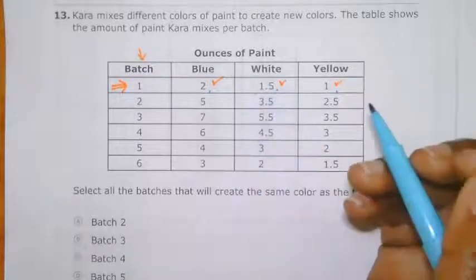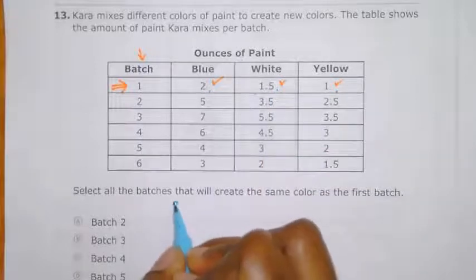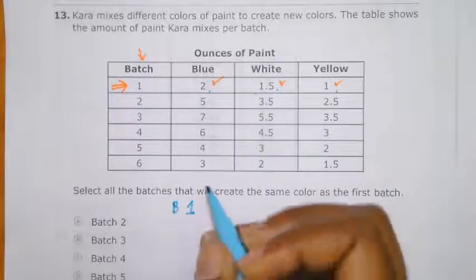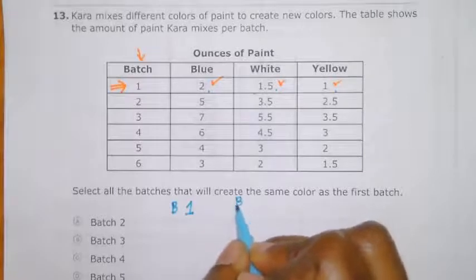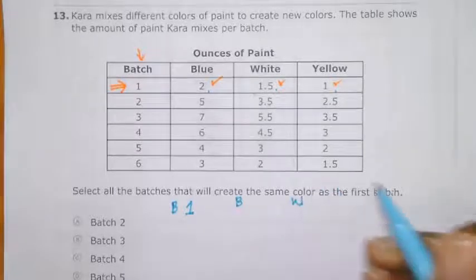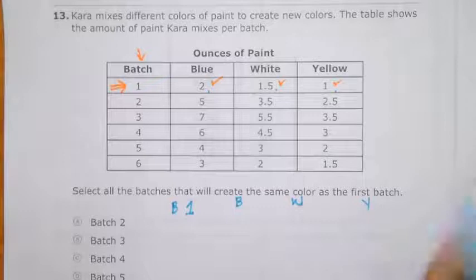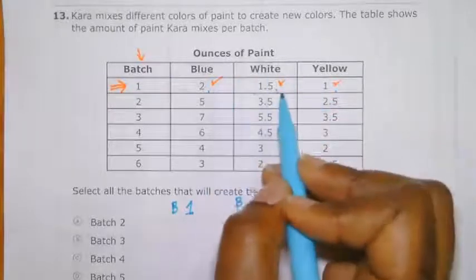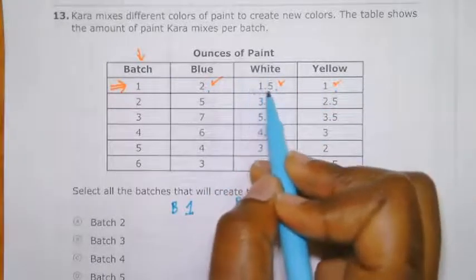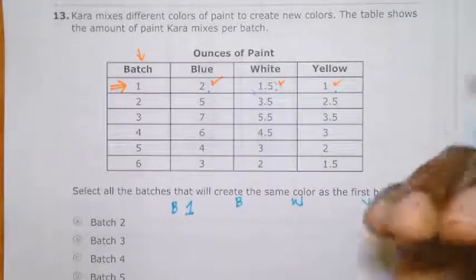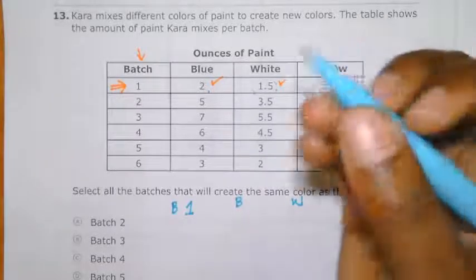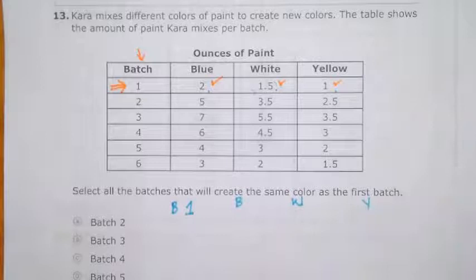So I'm going to put batch 1 here. B1 means batch 1. And I have blue, white, and yellow. So we're going to multiply 1.5 by the smallest number apart from 1 that makes it a whole number. That means I'm going to multiply it by 2.